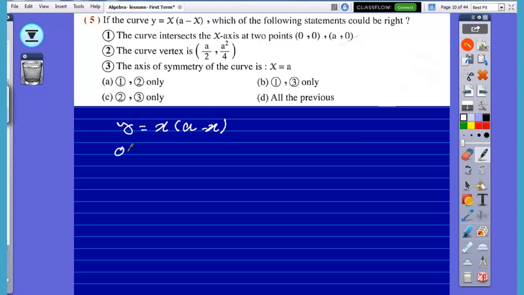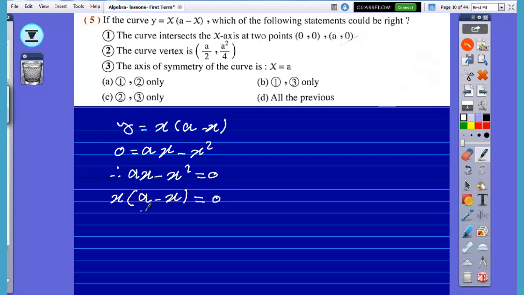So 0 equals x multiply a, and x multiply negative x is negative x². It means ax - x² = 0. Let us factorize it by taking out x as a common factor. So x, and between brackets we have (a - x) = 0.